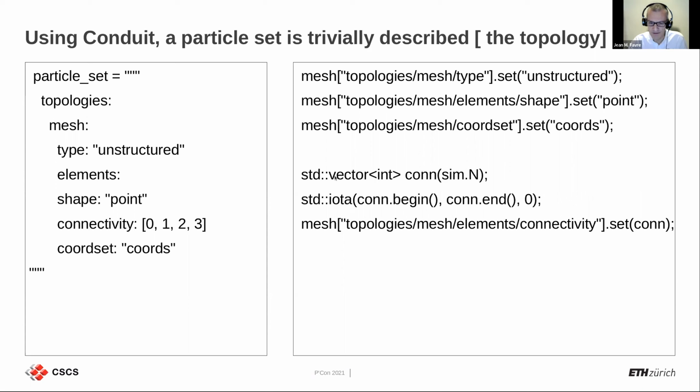It's a standard vector, which I fill up with the series 0 to n minus 1. And I set again the connectivity of my array with the name, the pointer in memory for that particular array.